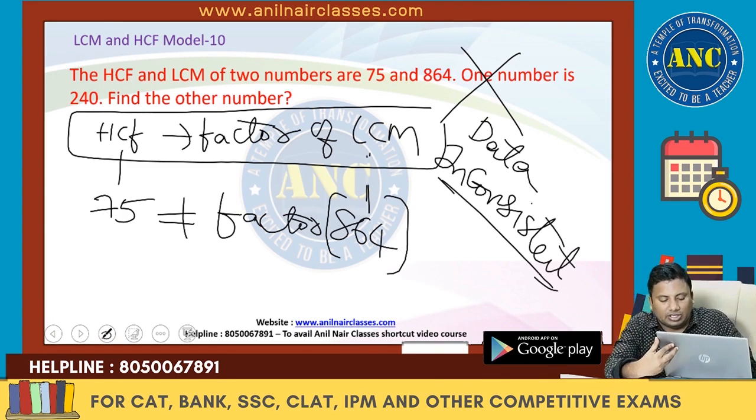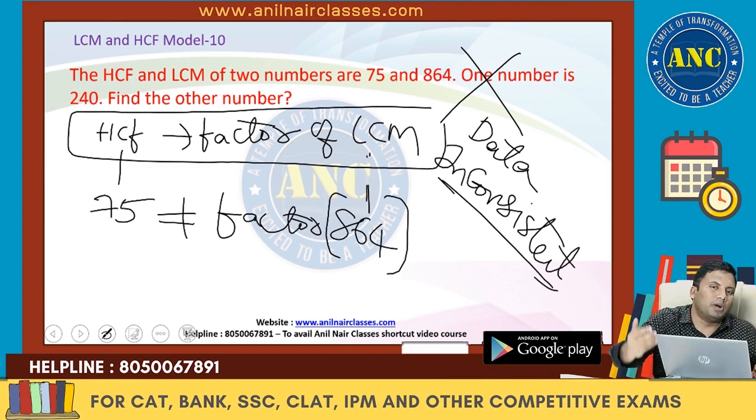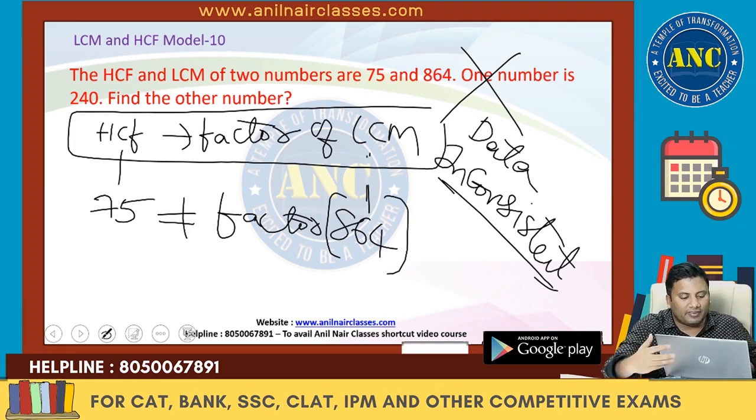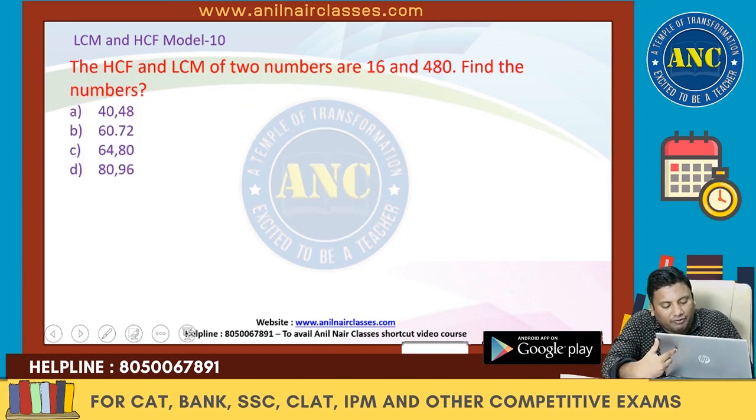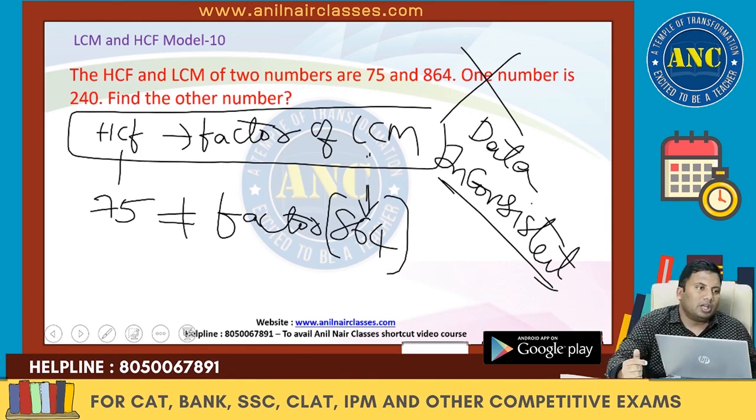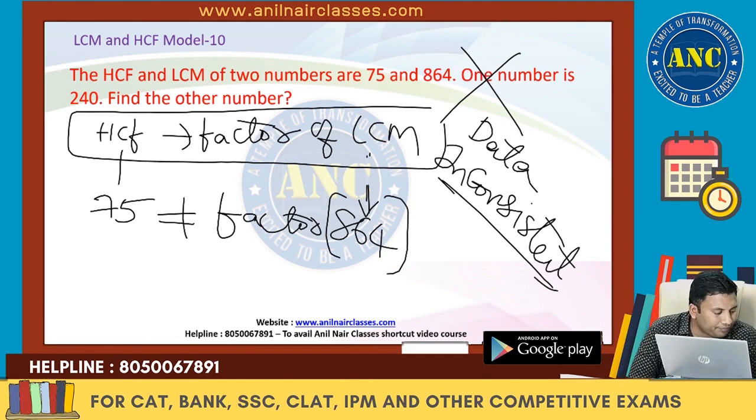People are so interested in the R.S. Agarwal book without even knowing the concept. 75 is not a factor of 864. You don't need to divide it. 864 is divisible by 4, but 75 is not divisible by 4.